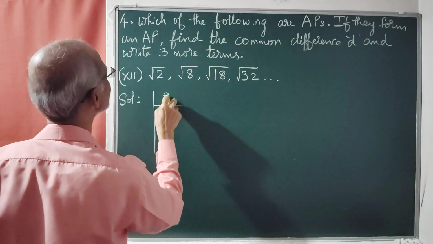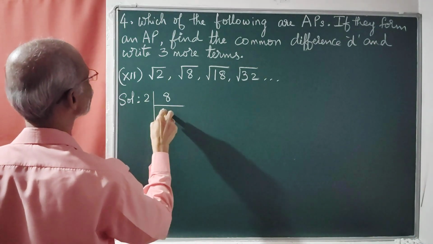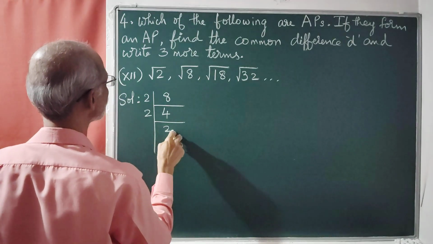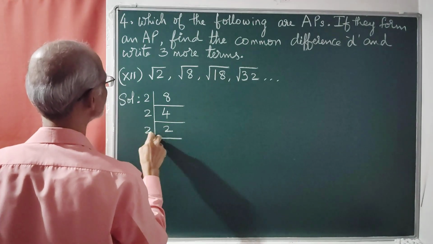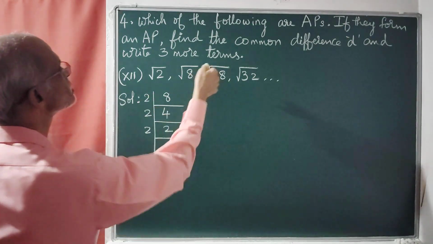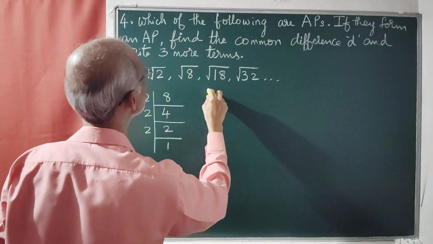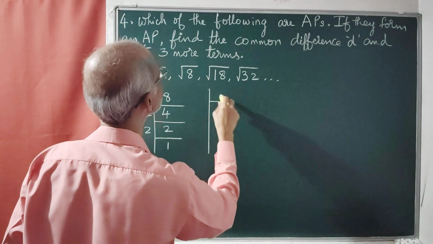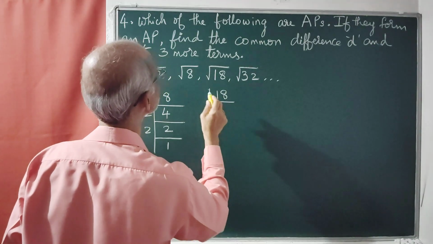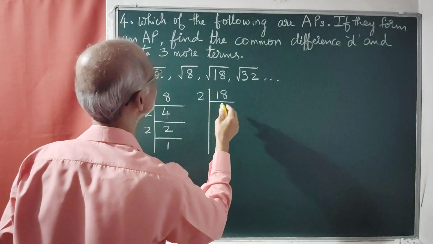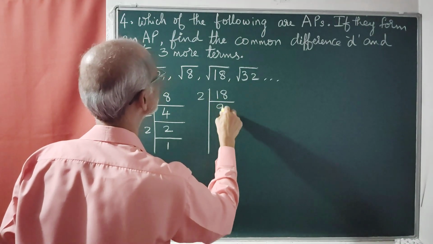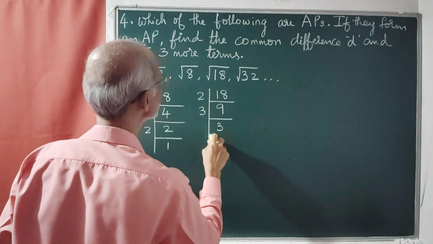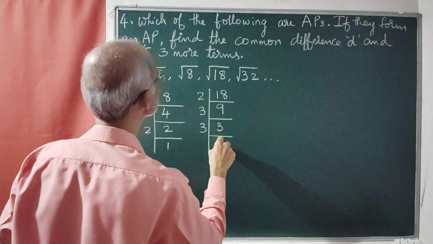So prime factors of 8 are 2 4s are 8, 2 2s are 4, 2 1s are 2. Next, we will find the prime factors for 18 also. Two 9s are 18, 3 3s are 9, 3 1s are 3.